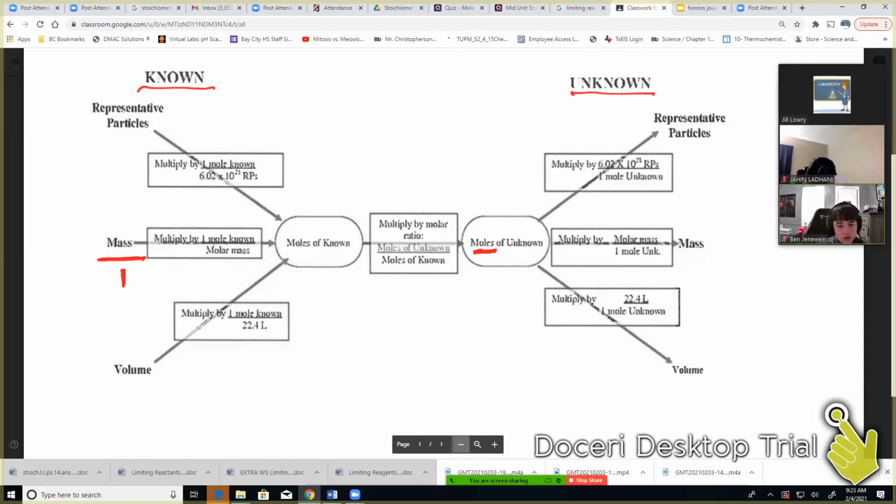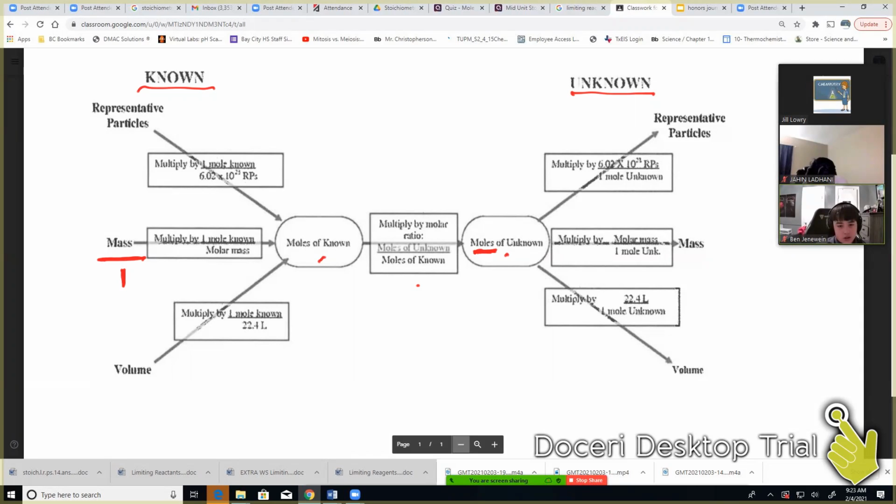These circles where it says moles of known or moles of unknown, those are not conversion factors. So that's not a step where you're going to be multiplying or dividing by something. That just tells you if I stopped right here, that's what I would have. And then if I went from moles of known and I did one more math product and stopped right there, I would get to my moles of my unknown.